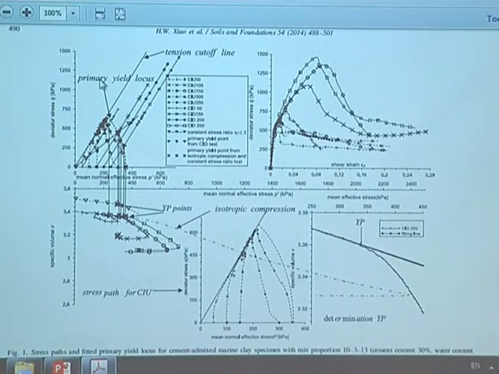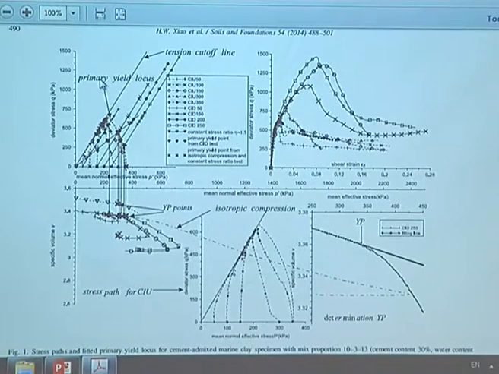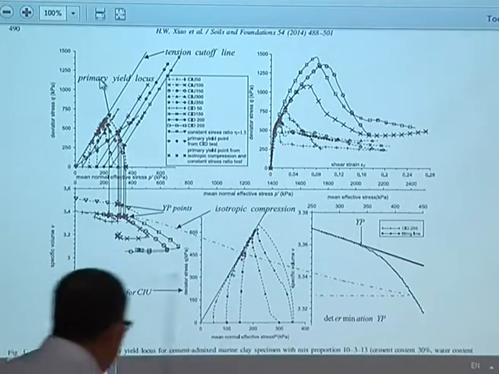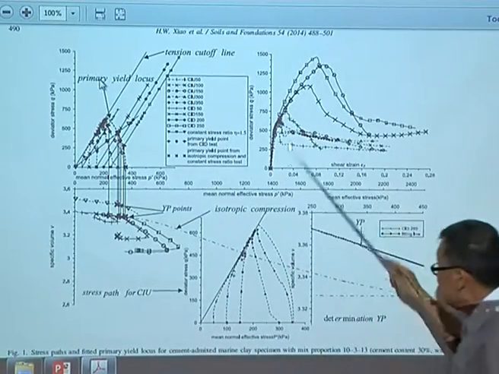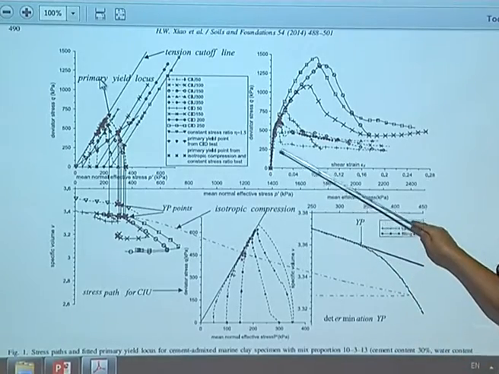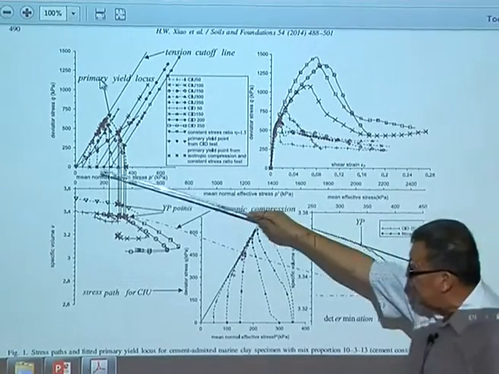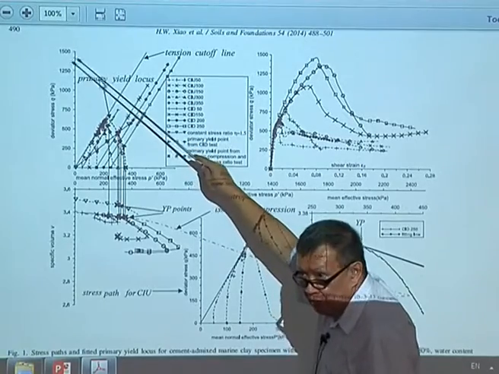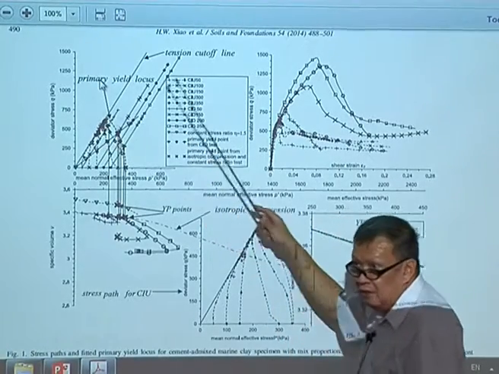Then the third plot is the stress strain curve, deviator stress versus the generalized shear strain. Once again, I make sure they plot this axis on the same scale as this axis, because it is the same axis, deviator stress.